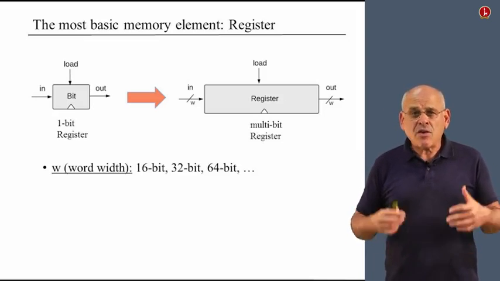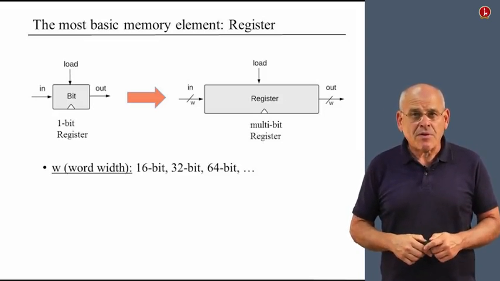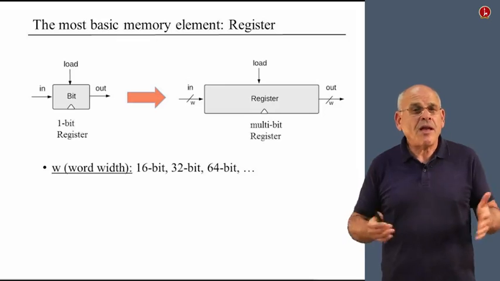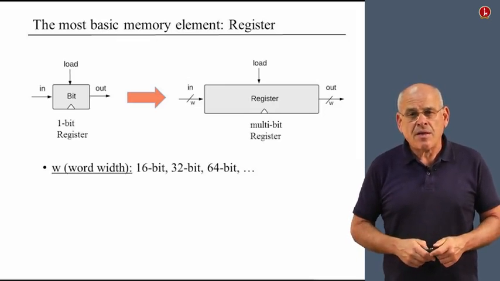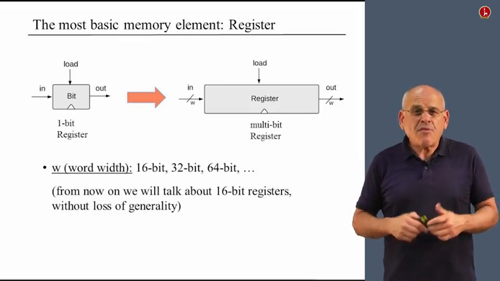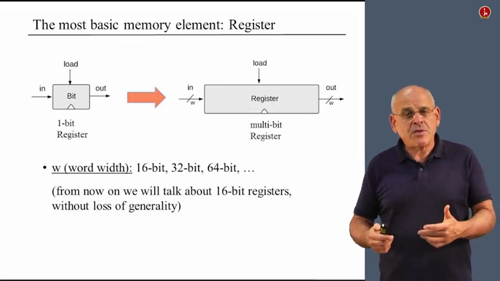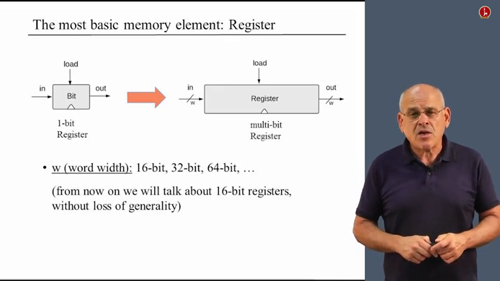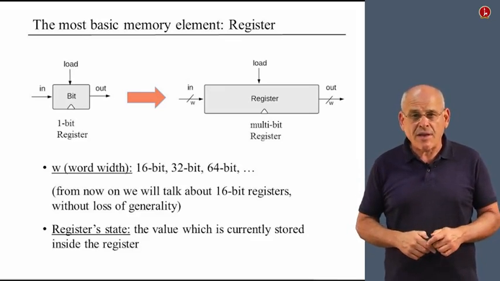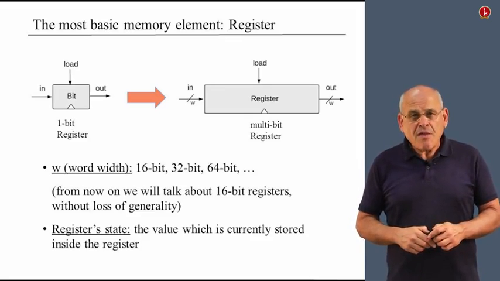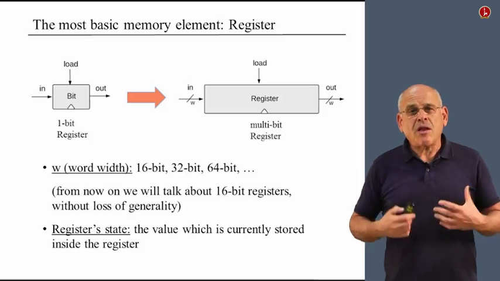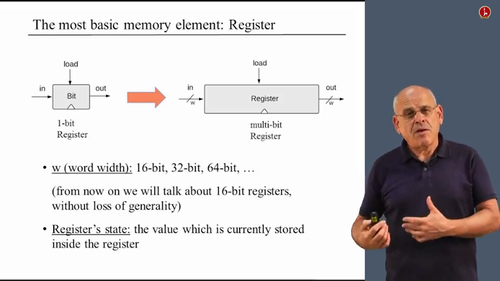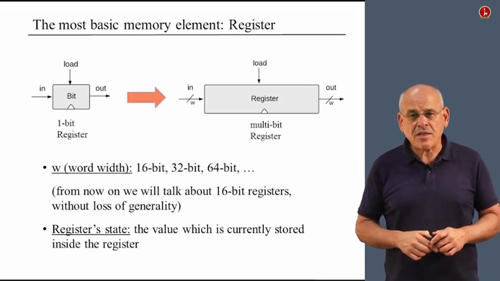It turns out that it's not a terribly interesting parameter, because everything that I say in this lecture works for any width of memory that you might encounter. But from now on, I'm going to use W equals 16 because we are building a 16-bit computer, so we do this without loss of generality. Another thing that I'd like to say is that I'm going to use a lot the term register's state, and in fact this term was introduced in the previous unit as well.